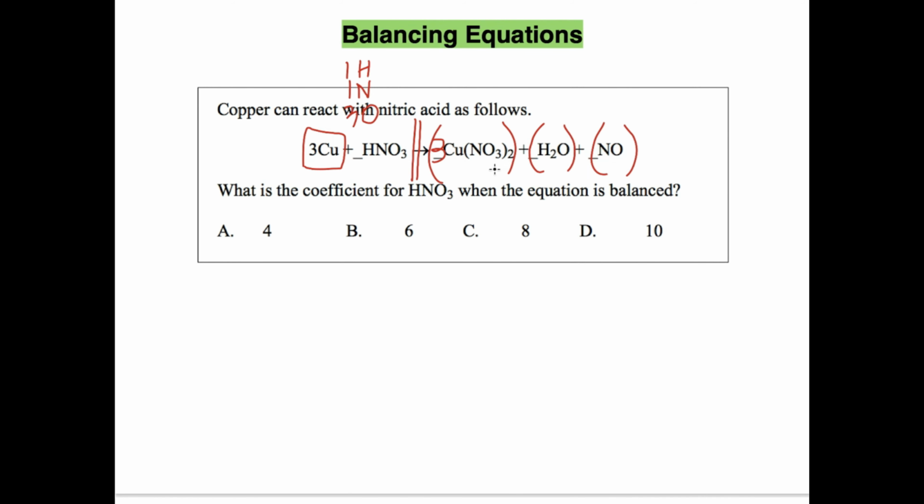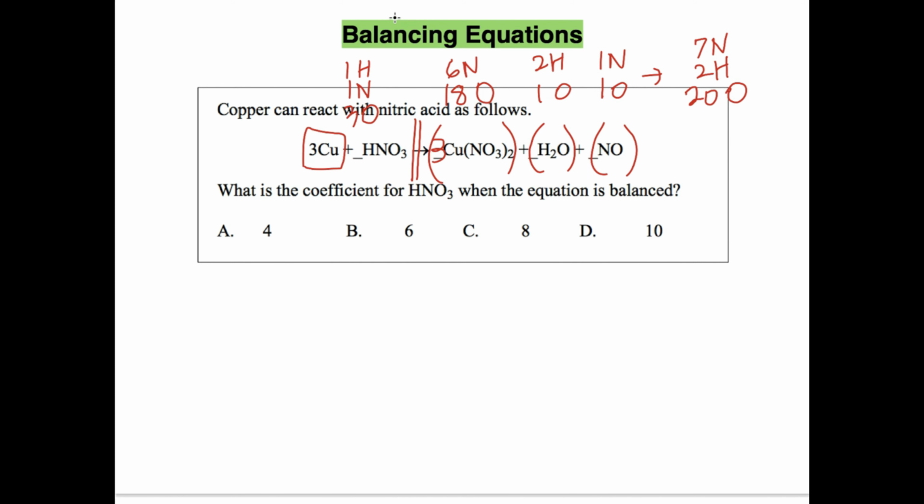So right over here, there are 6 nitrogens, there are 18 oxygens, there are 2 hydrogen atoms and 1 oxygen, there is 1 nitrogen and 1 oxygen. So in total, there are 7 nitrogens, there are 2 hydrogens, and there are 20 oxygens.